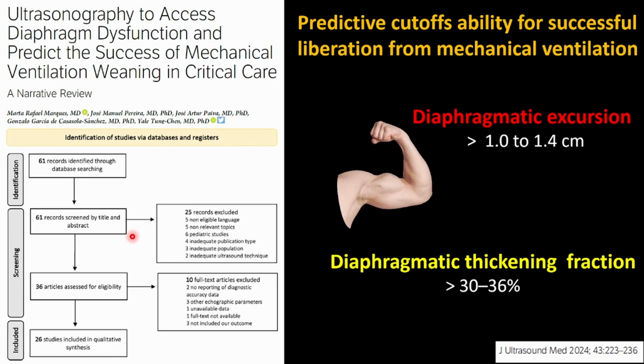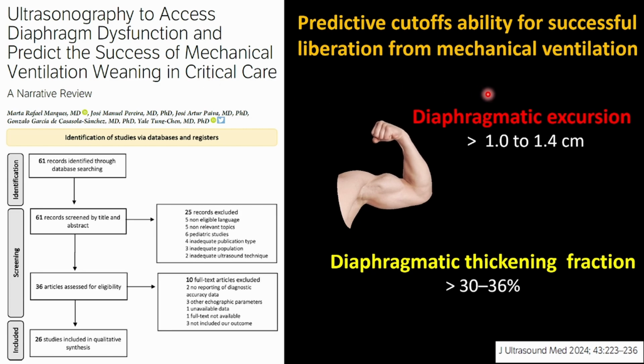This study was published in 2024, looking at adults and also patients who are critically ill in the ICU. It summarized altogether about 26 studies, reviewing patients using diaphragm assessment for the possibility of extubation.